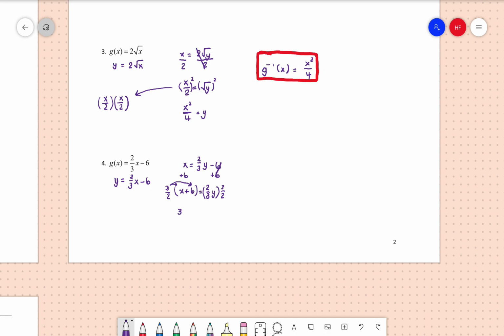So I get 3/2 x, and then I have 6 times 3/2, so half of 6 multiplied by 3, 9. So 3 over 2x plus 9 is equal to y. And my original function was g, so the inverse of g is equal to 3 over 2x plus 9.